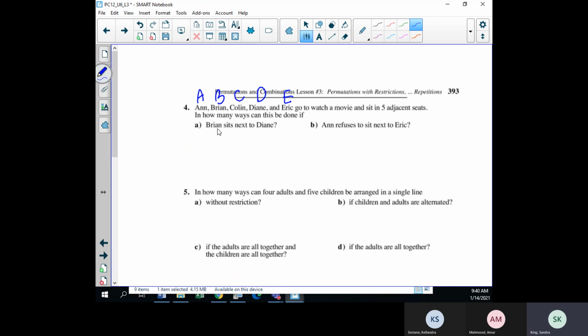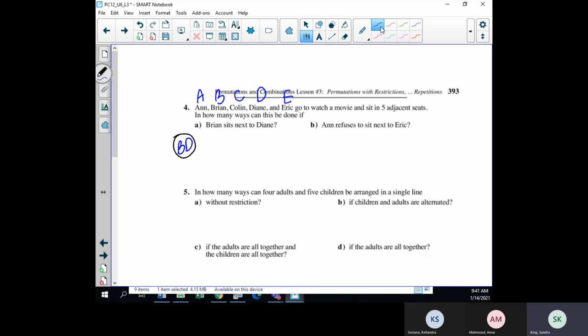Brian, how many different ways can this be done? If these guys go to the movie and Brian sits next to Diane, that means they go on a disc together, right? So on one disc, I'm going to put Brian and Diane.